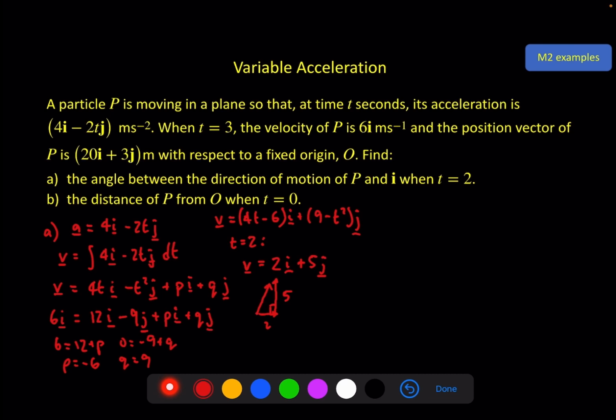So the angle between this velocity vector here in yellow and the x-axis, or the i direction, which is this one, is this angle here, theta. The tan of theta is equal to 5 over 2, so theta is equal to the inverse tan of 5 over 2, which is 68.2 degrees to 1 decimal place.